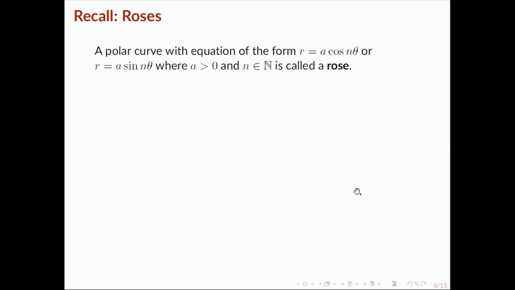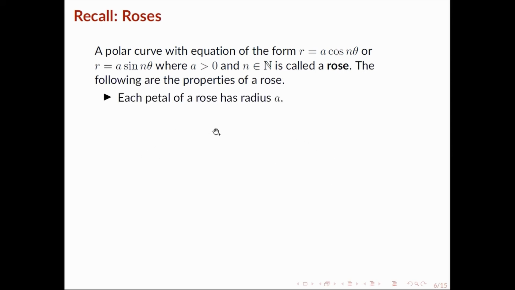A polar curve with an equation of the form r equals a cosine of n theta, or r equals a sine of n theta, where a is greater than 0 and n is an element of the natural numbers, is called a rose. The following are the properties of a rose. Each petal of a rose has a radius a.